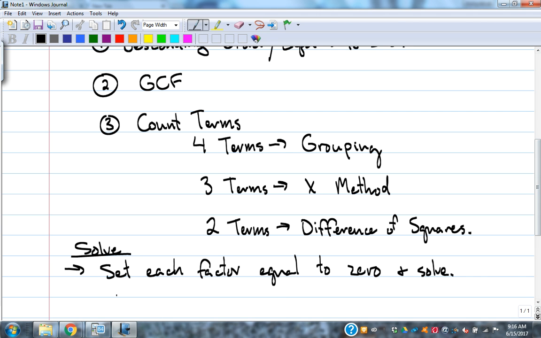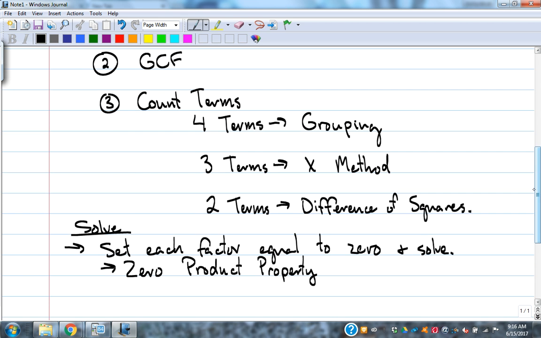What that's called has a special name, and I'm supposed to tell you what it is. It doesn't matter that you know the name. It's called the zero product property. Basically, what the zero product property says is if you've got two things multiplied together and they equal zero, then one of them has to be zero, or it could be that both of them are zero.